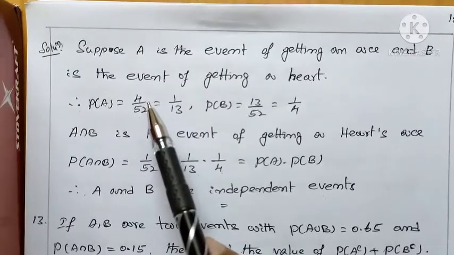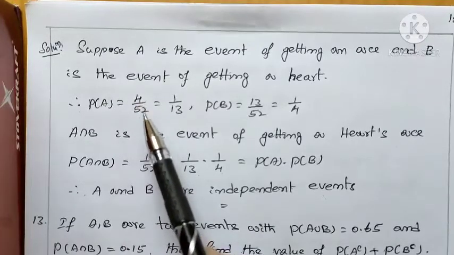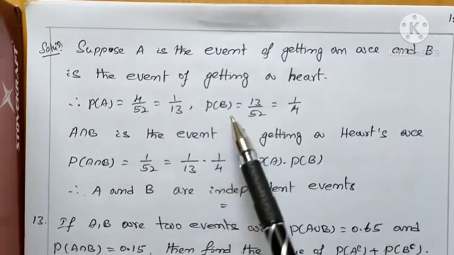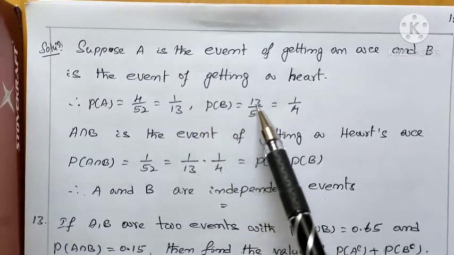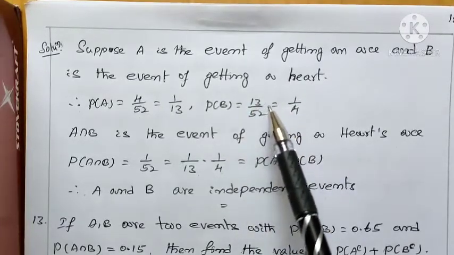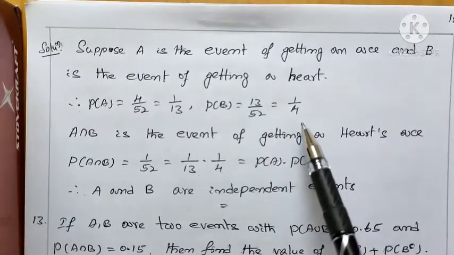Therefore, N of A is equal to 4. P of A is equal to N of A by N of S, that is equal to 4 by 52, that is equal to 1 by 13. P of B: heart cards are 13 by 52, that is equal to 1 by 4.